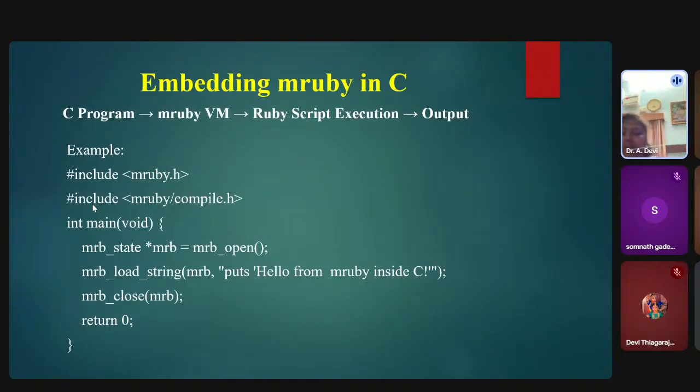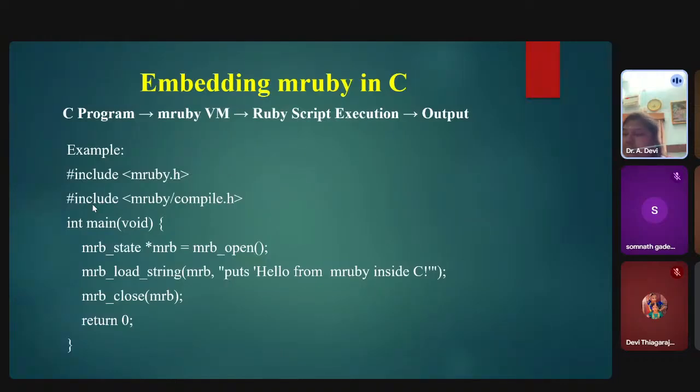Embedding next. Now that we have seen how to run mruby scripts directly, let's take the next step of embedding mruby inside a C program. This is important because many embedded systems are written in C or C++. Sometimes you want the flexibility of Ruby scripting inside your firmware or C project. mruby is designed exactly for this purpose.